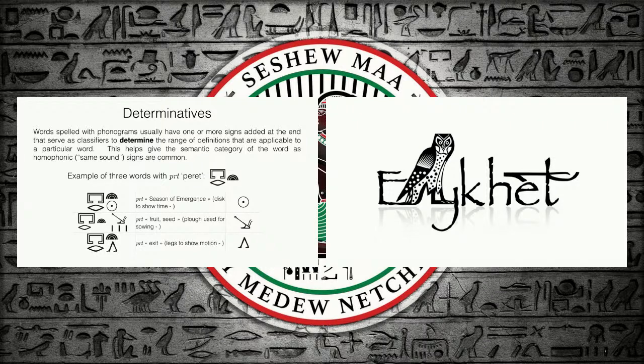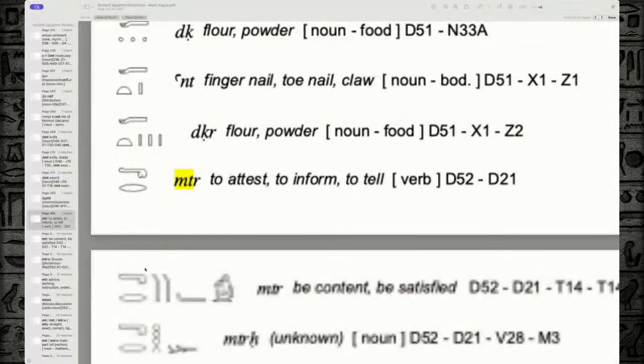They expect all the glyphs to reflect what the word means, and that's not the case. The example I just showed you, the phallus and the open mouth, does not reflect what the word meter means.